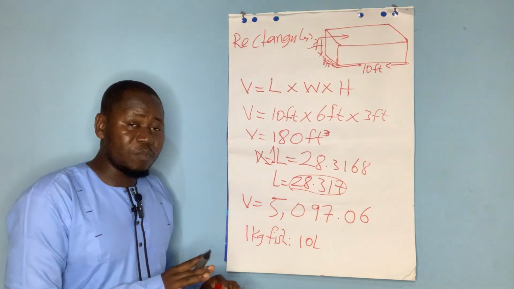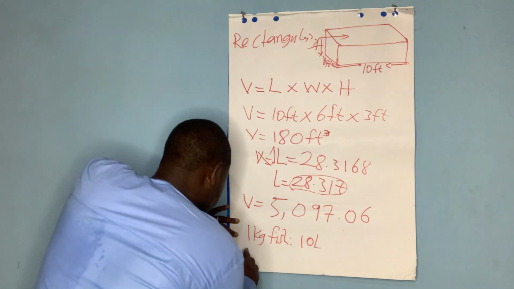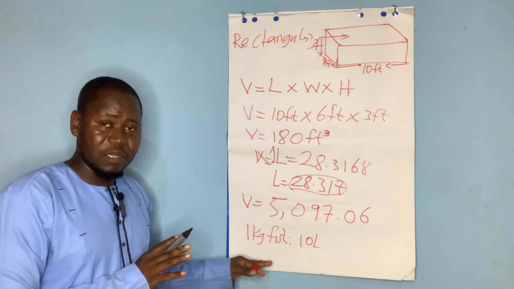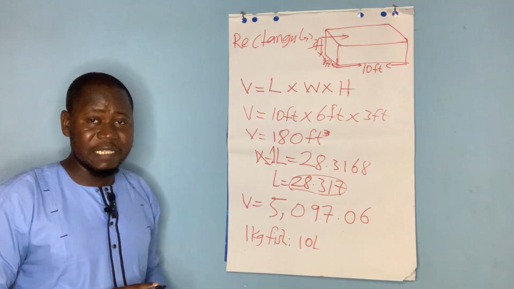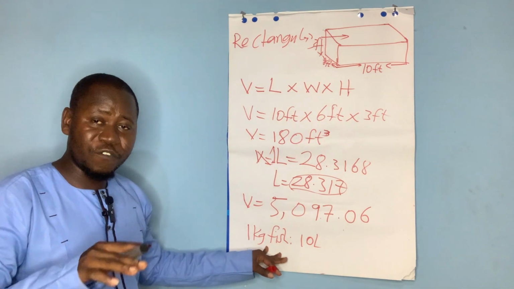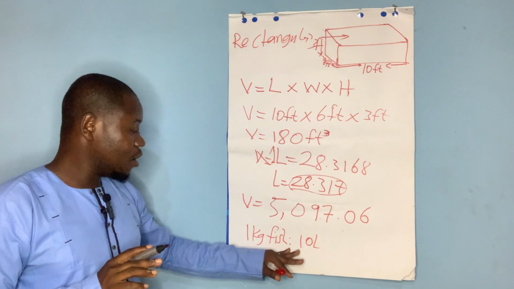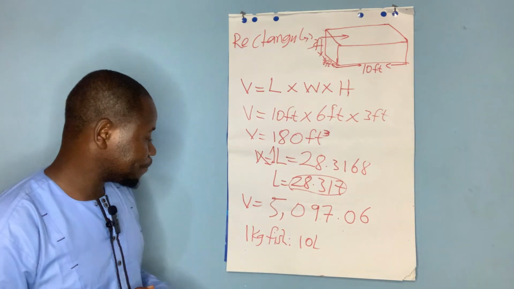But if it's going to be 500 grams, that means we have 2 fish to 10 liters, or 500 grams of fish, that's 2 fish to 5 liters. But here, our standard is 1 kilogram. That's what most people are using.